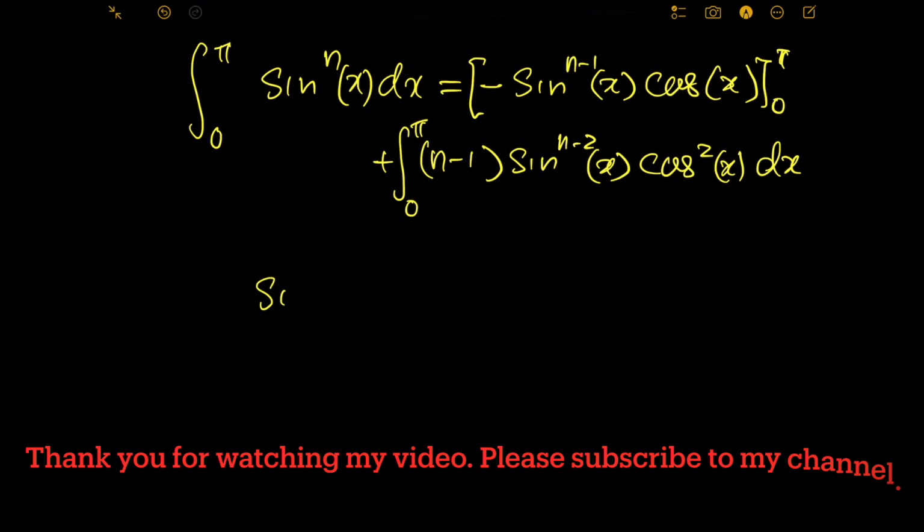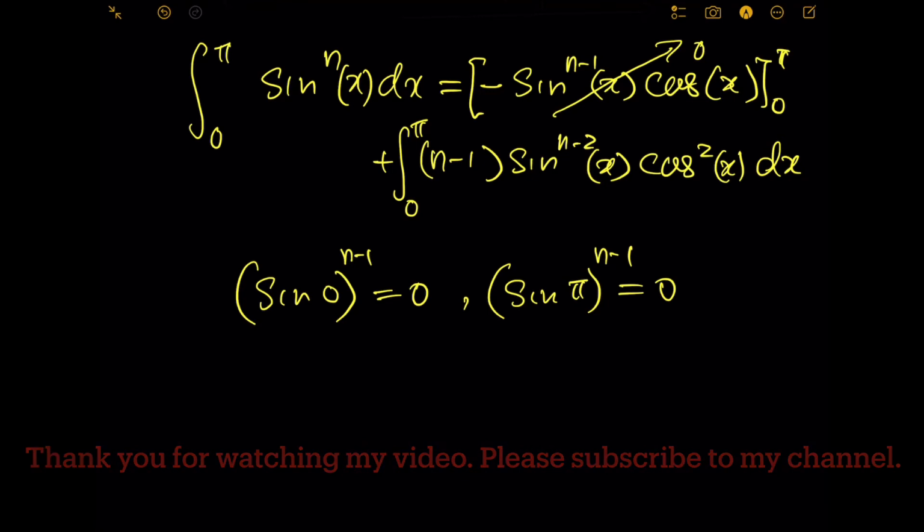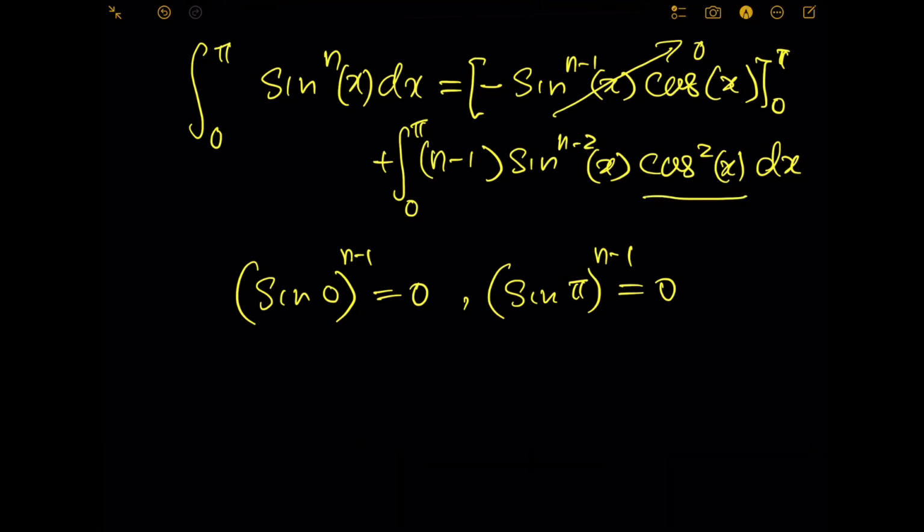We know sine 0 is always equal to 0, doesn't matter if power n minus 1. Meanwhile, sine pi also equals to 0, doesn't matter if power n minus 1. So therefore, this term is removed. The cos power 2 can be transformed to 1 minus sine power 2.